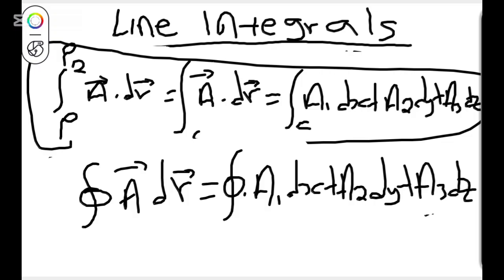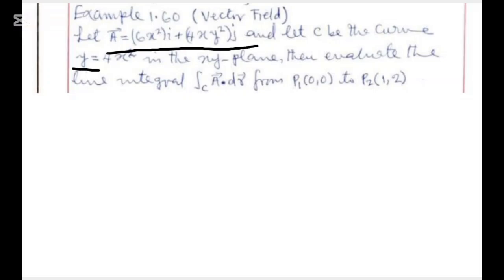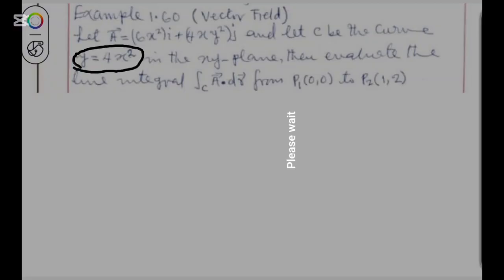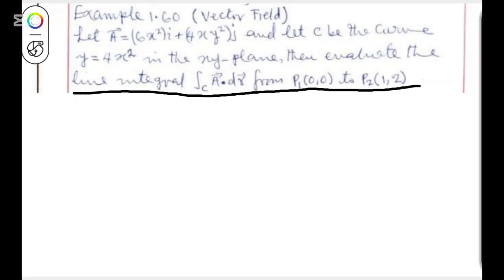The question says, let this vector A be given and let C be the curve y is the same thing as 4x squared in the xy plane. Then evaluate the line integral of this from the point (1, 0, 0) to the point (2, 1, 2).